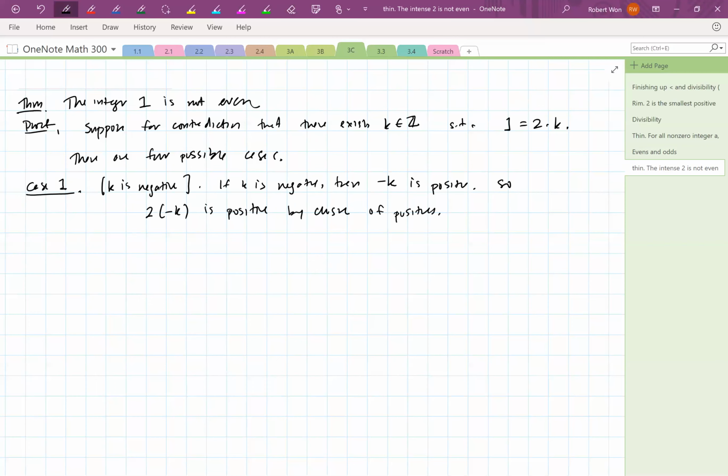Right, but 2 times negative k equals negative 2k. It's the additive inverse of 2 times k. This is by, I guess, a homework exercise. Therefore, since negative 2k is positive, 2k is negative.